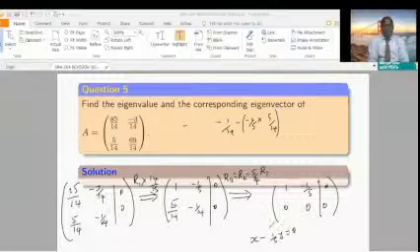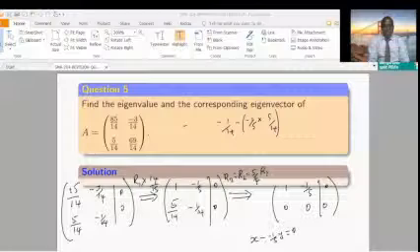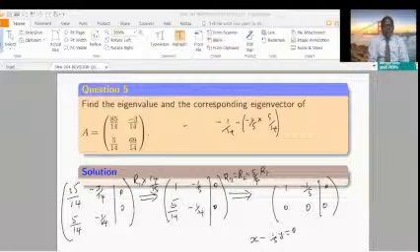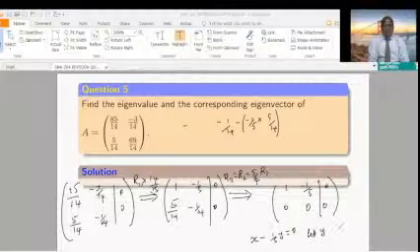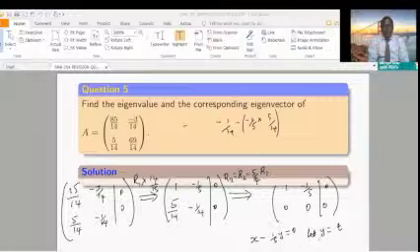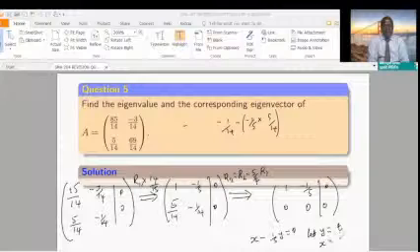So now what we have is x minus 1 out of 5y is equal to 0. From here, x is a leading variable and y is a free variable. So let the free variable y be t. If y is t, then x becomes 1 out of 5t.